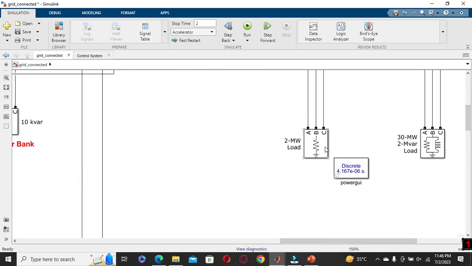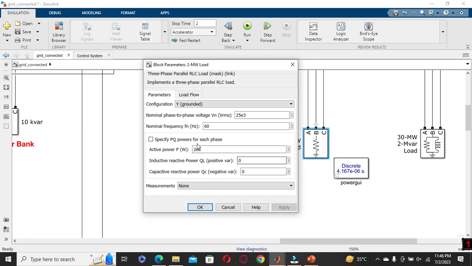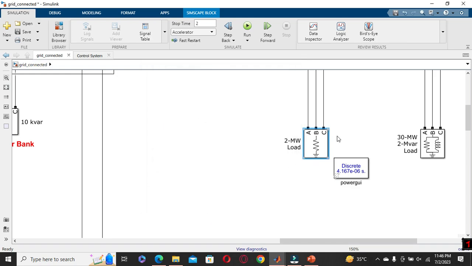Let us suppose I put here 200 instead of 2. Okay, for your understanding, the load value becomes very high, and our solar panel is not producing much power, and our grid is also not producing much power. What will happen?